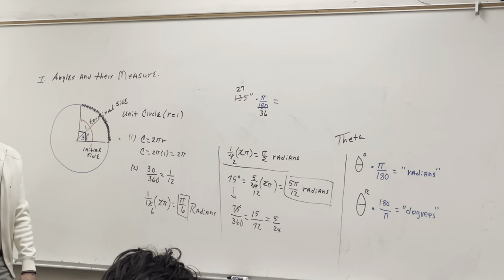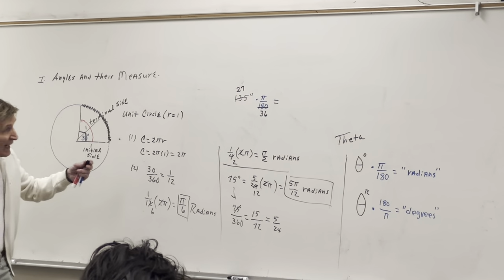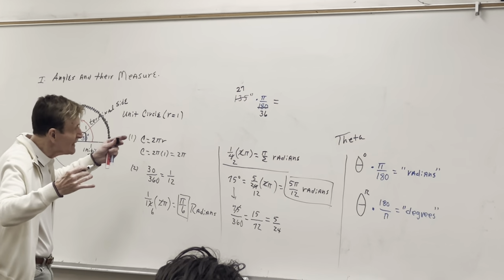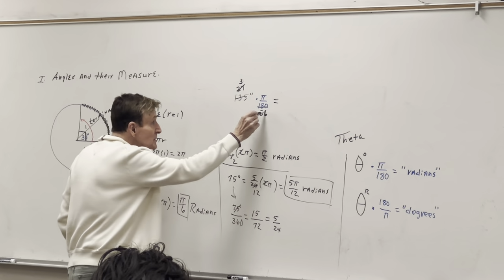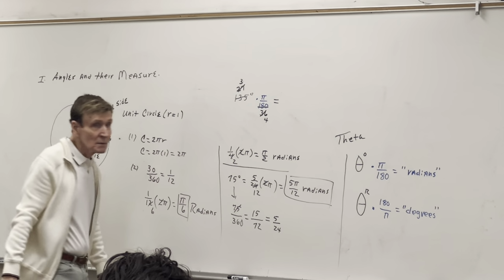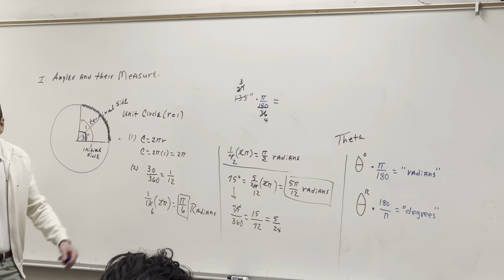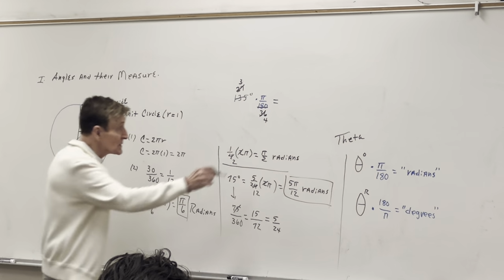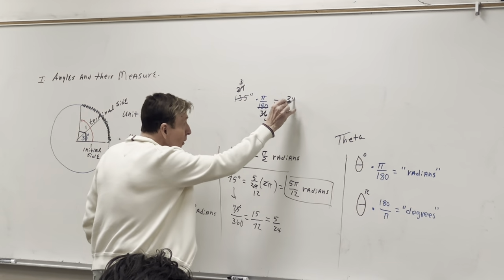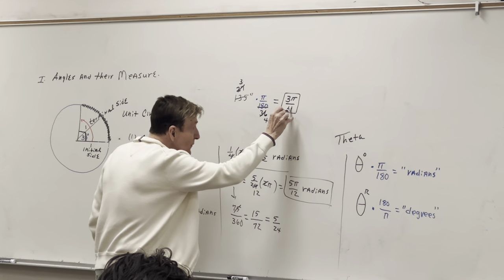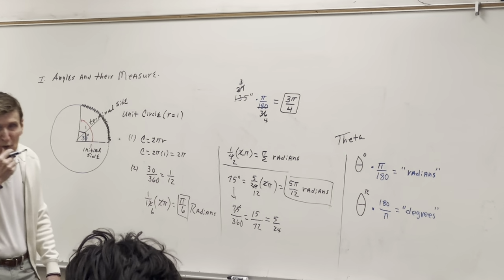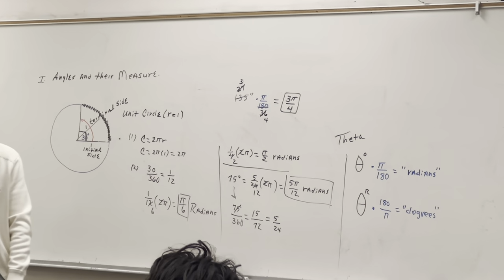Yes or no? Now I can reduce down again by maybe 9. This becomes 3, and this becomes 4. Yes or no? Looks like I'm left with 3 pi over 4. And that's how 135 degrees looks now in this new measure called radian measure.